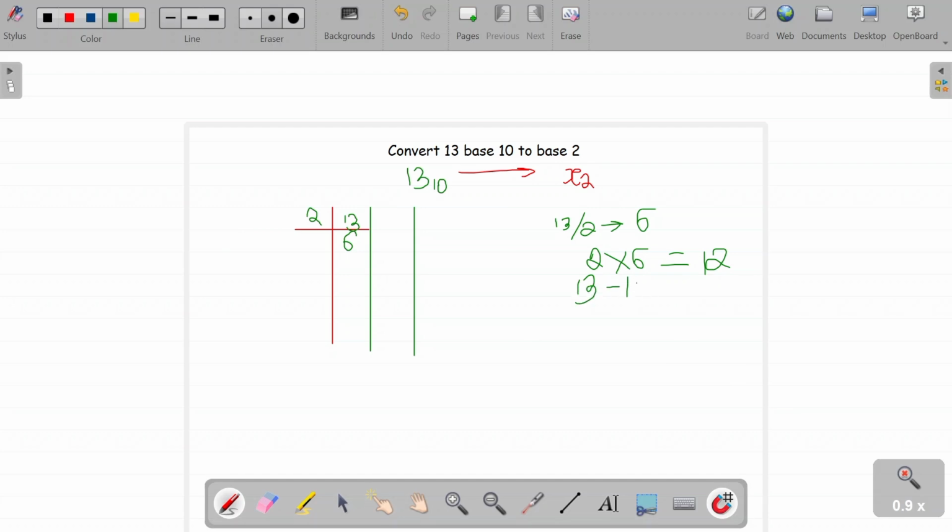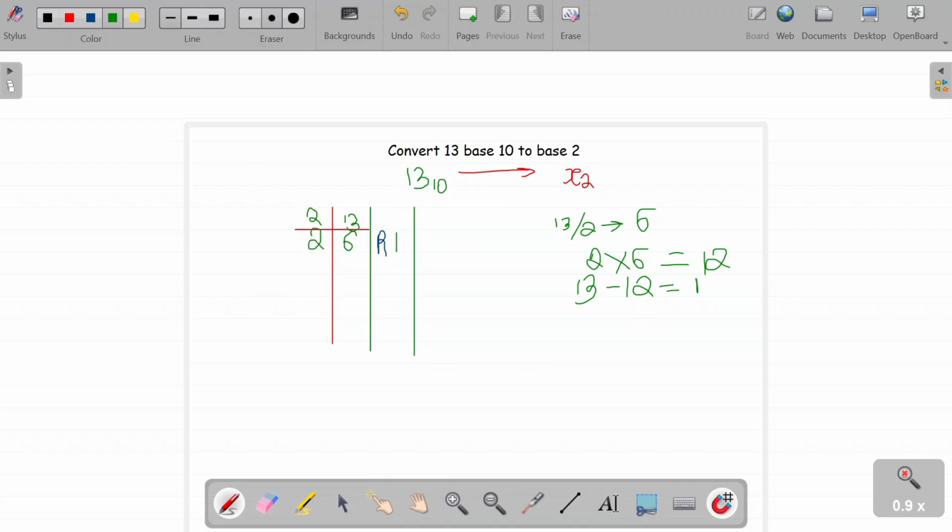This is basically like nursery school maths, so I don't think I need to explain this much. So our remainder is 1, so we're just going to write it here, and I will write R next to it to represent remainder. So remainder 1. The next step is to bring the 2 down again.